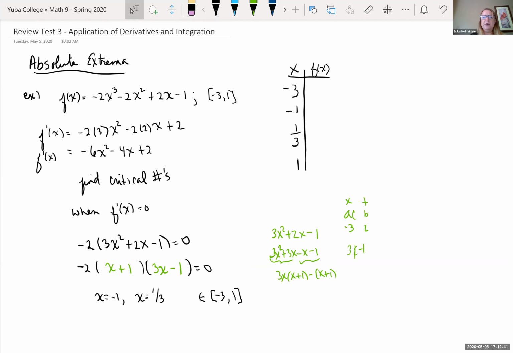Okay, so if I cube -3, that's giving me a -27. -27 times the -2 out front here. So far we got 54 minus, well, -3 squared is 9. 9 times this 2, so -18 plus, well, 2 times -3, so this is really -6.